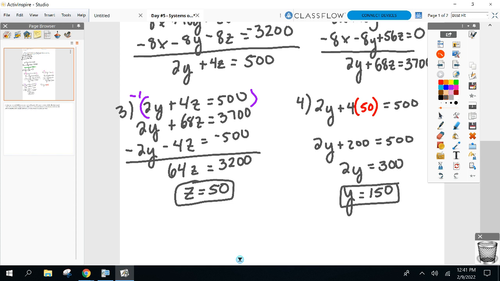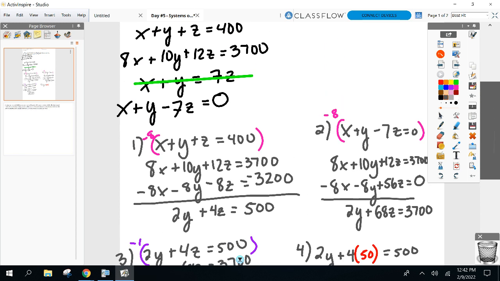One more variable to solve for. How's that getting done? Now I go back to one of the originals and plug in for z and y. So go back to one of the 3 originals, whatever you feel like is easier to plug in for. Let's see.